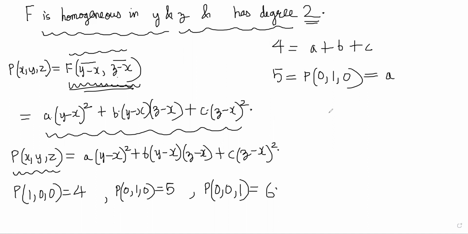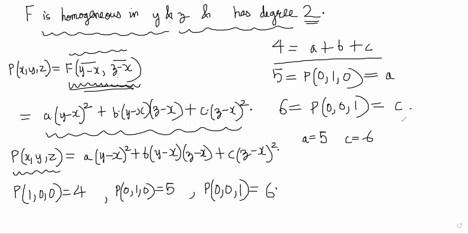So a is 5. And similarly, 6 is equal to p(0, 0, 1), so that comes out to be c, right? So we are getting a is 5, c is 6, and from the first equation we now get b is equal to minus 7, right? That basically gives us the p function completely. We know all three unknown constants and we have the p function, right?